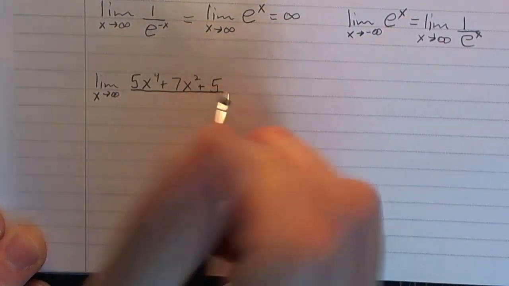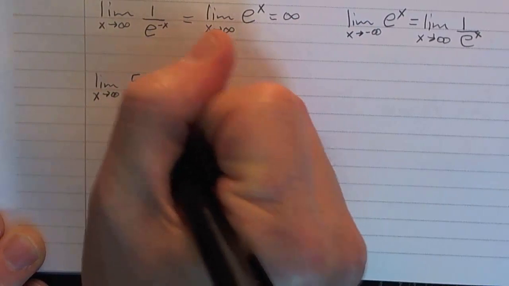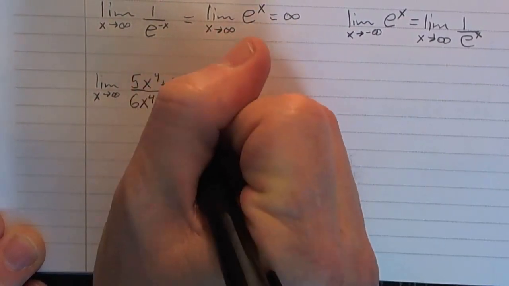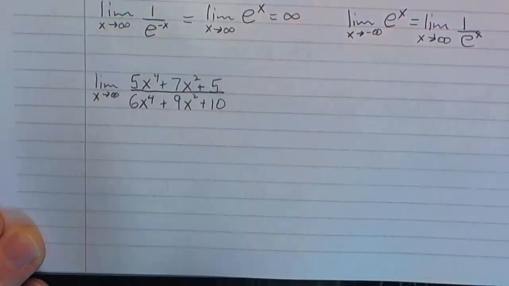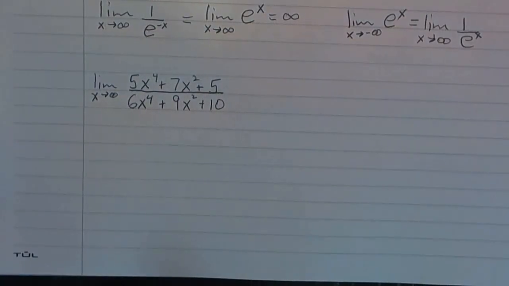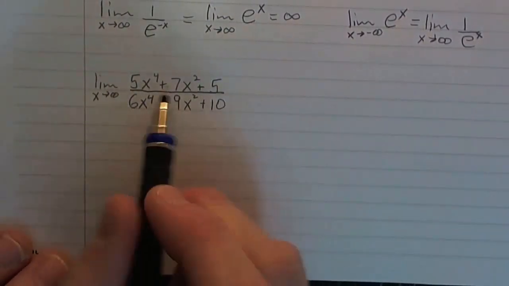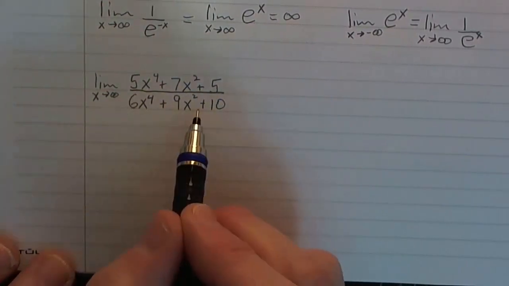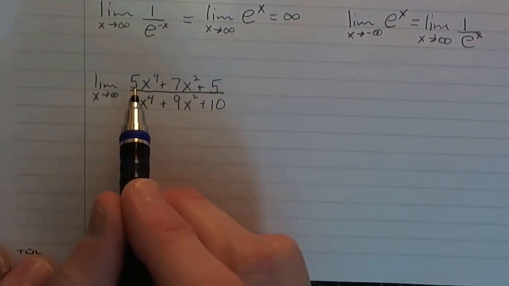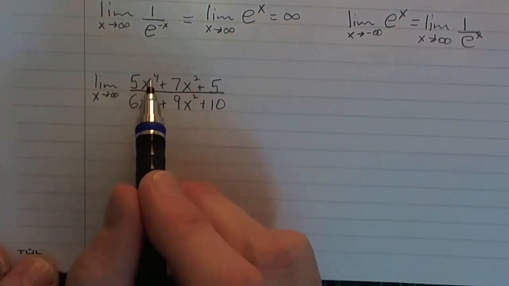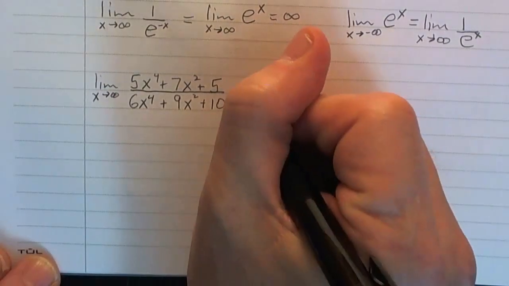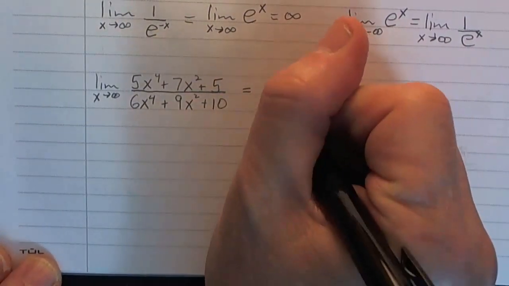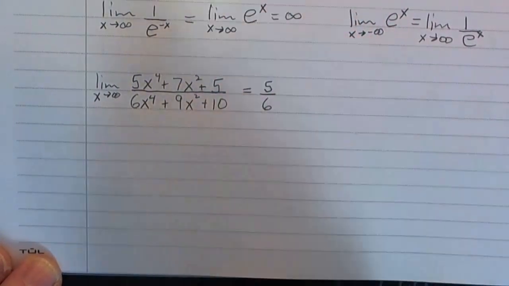And down here we've got 6x to the fourth plus 9x squared plus 10, something like that. Now, this is just a rational function, one polynomial over another. So this is going to be the case where the degree on the top and the degree on the bottom are the same. So this one is going to be the ratio of the leading coefficients, 5 over 6.